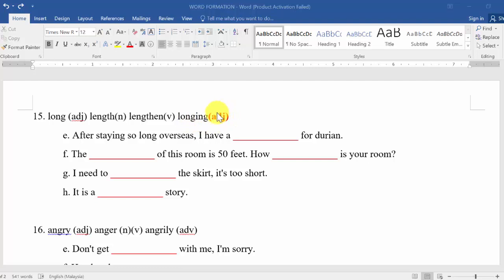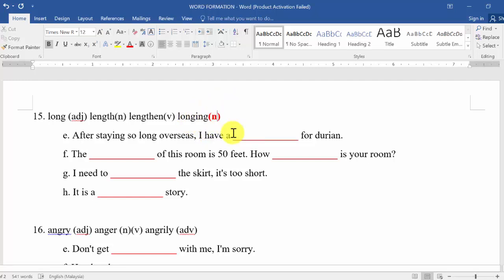Next one, longing. Actually, longing here is not an adjective. It should be a noun, so please change adjective to noun. When you miss something a lot, when you really want to get something or really want to eat something, it means that you have a longing for something.